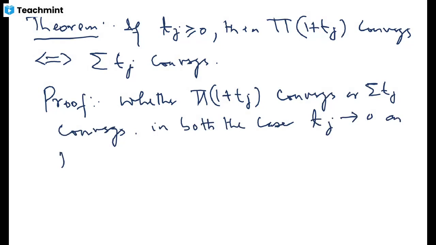This is the necessary condition of convergence. अगर infinite product converge करेगा तो 1 plus tj 1 को converge करेगा, that is tj will converge to 0, and series की necessary condition है convergence की कि उसकी nth term 0 को converge करती है.